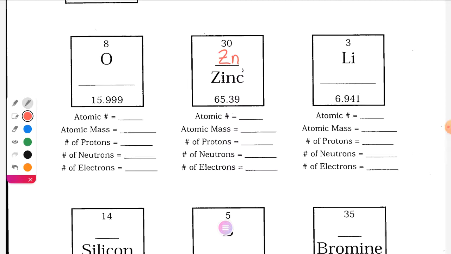Augie, what is the atomic number for zinc? 30. We just have to know where to look. Atomic mass, the way we want it to be, Hutley? 65. Because remember, this is our target number. So we look at the 3 to help us decide, is that 5 going to stay a 5 or is it going to bump up? Hutley's saying it's going to stay. Do you guys agree? Yes.